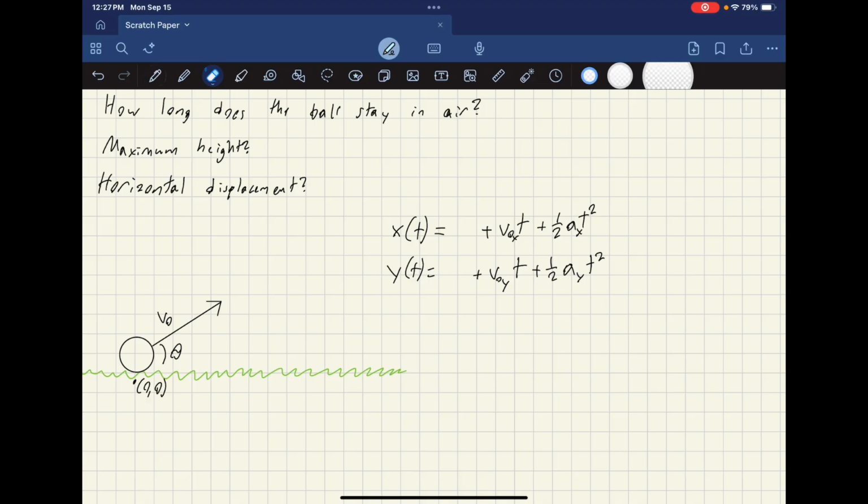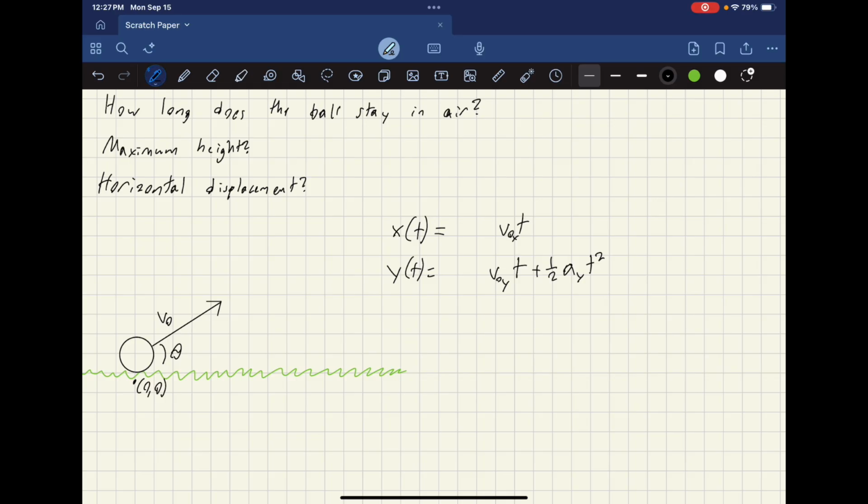Once the ball reaches the ground, there's going to be no acceleration in the x direction. So since this term a sub x equals 0, I'm also going to erase this term. There is, however, acceleration in the y direction.